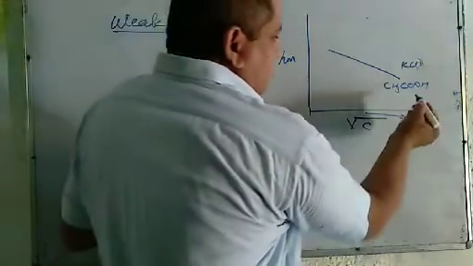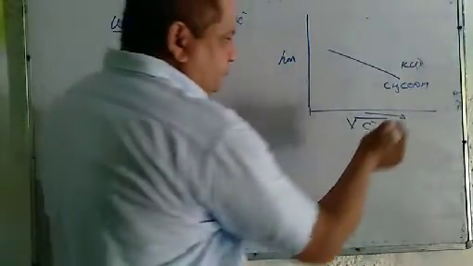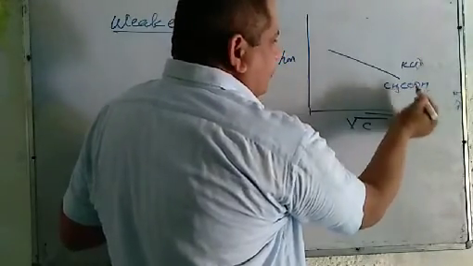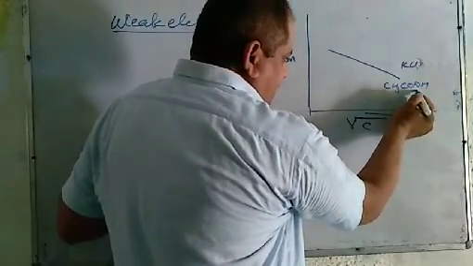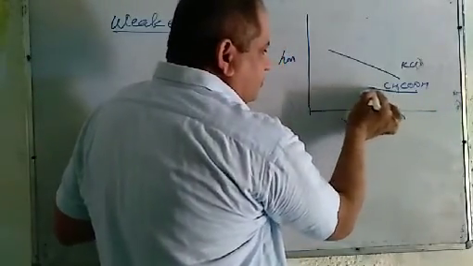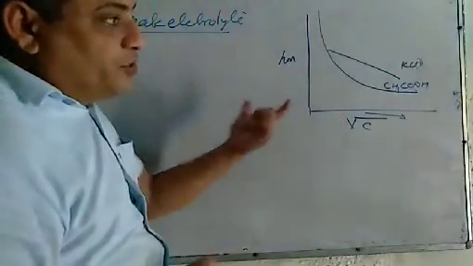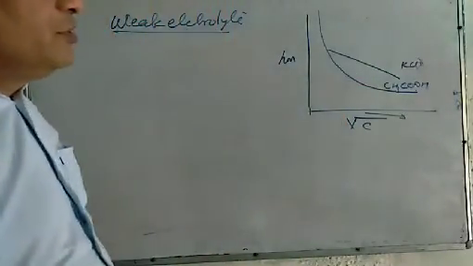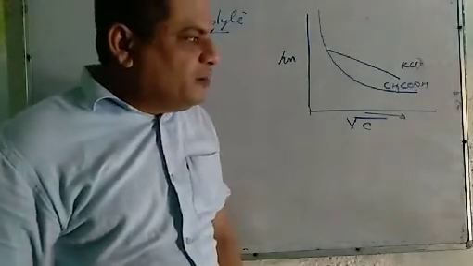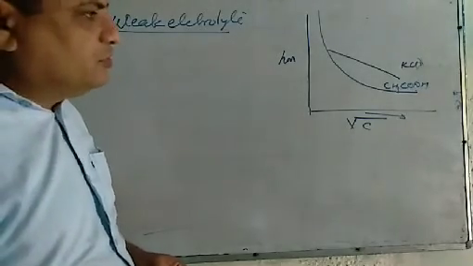We can understand it through a graph. The curve is something different from that of a strong electrolyte. When we decrease the concentration or increase the dilution, such curve is obtained, which has no intercept. Therefore, we can see that experimental determination of limiting molar conductivity of weak electrolyte is not possible.